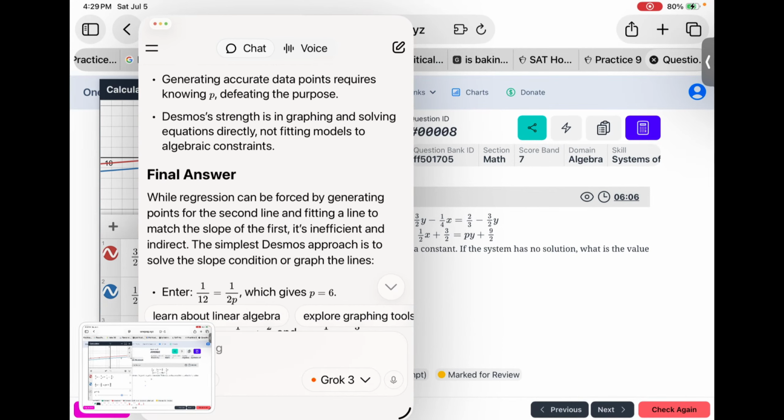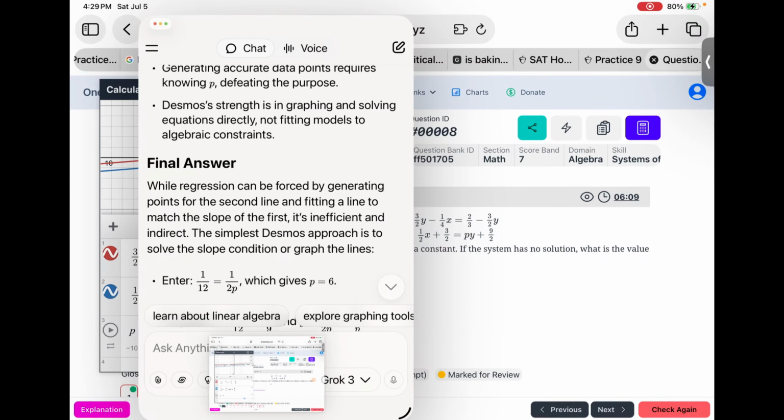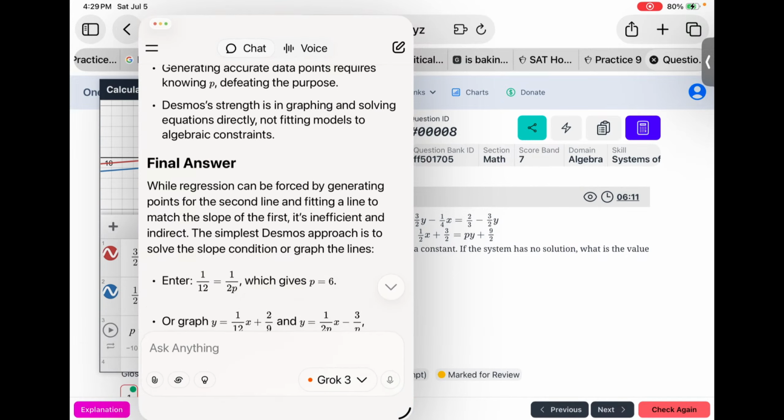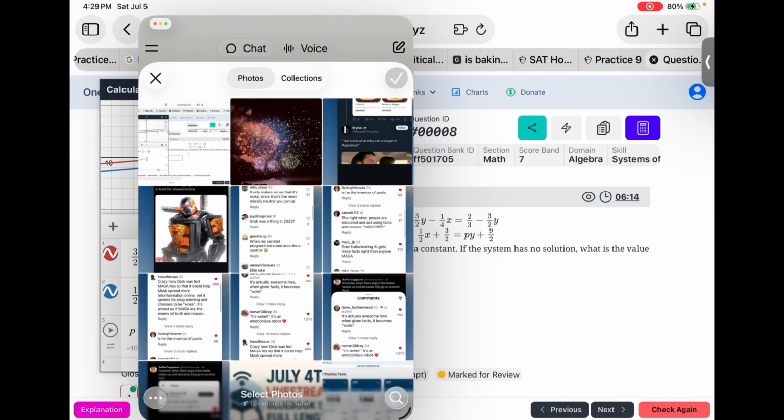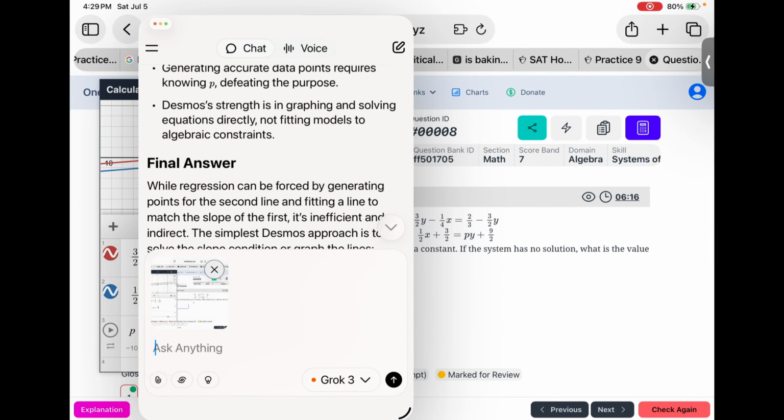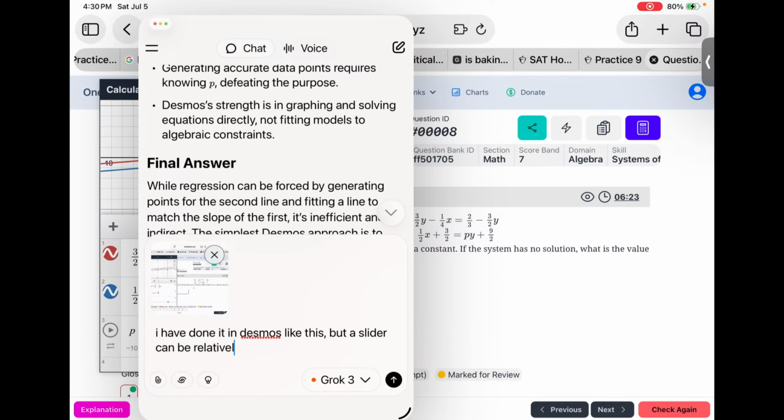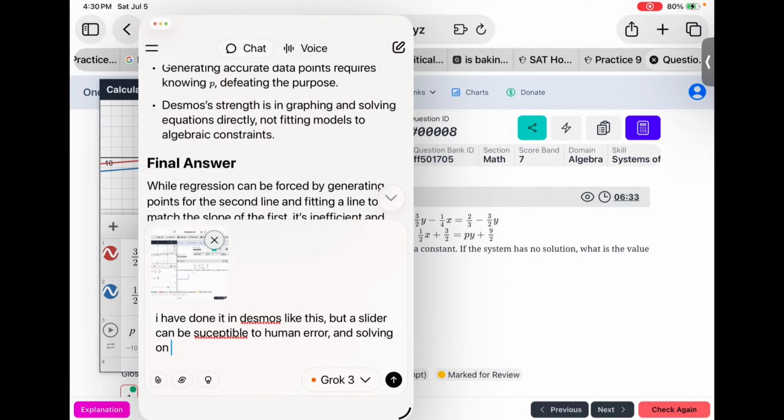Let me just tell Grok about this and see if it has anything to say. I have done it in Desmos like this, but a slider can be susceptible to human error, and solving on paper will take too long.